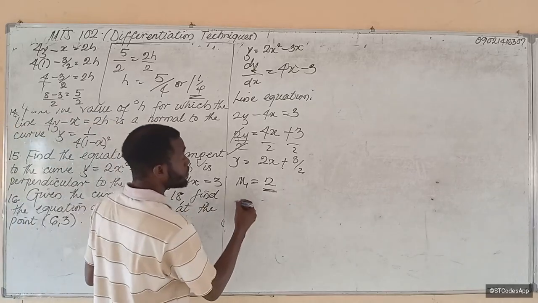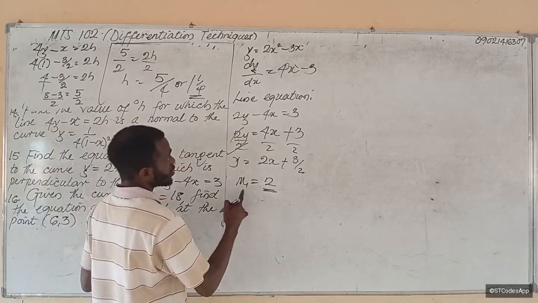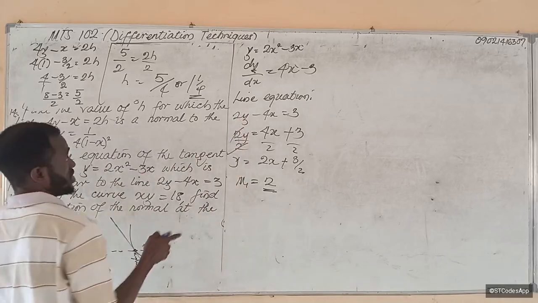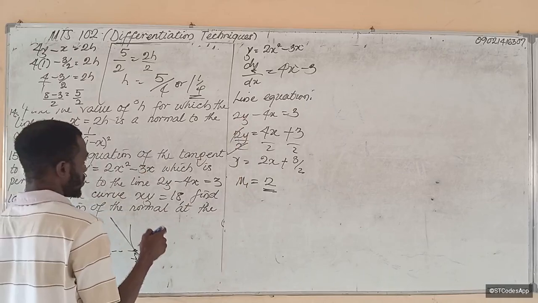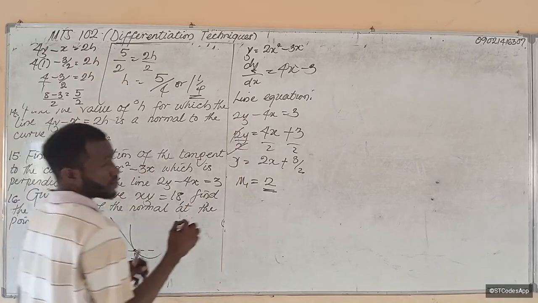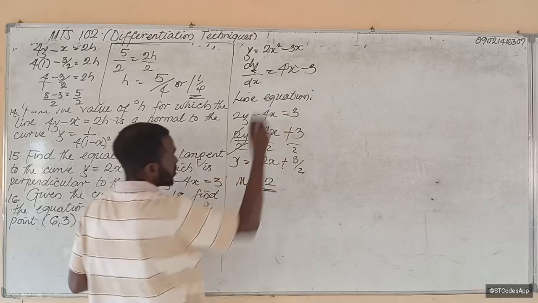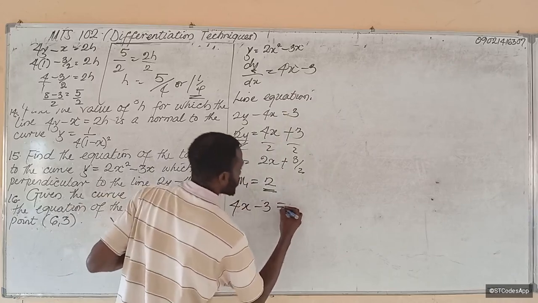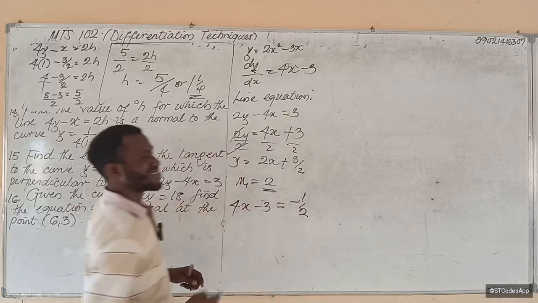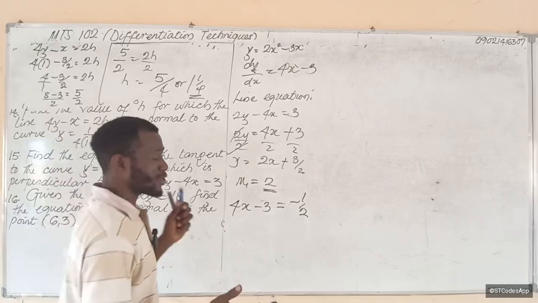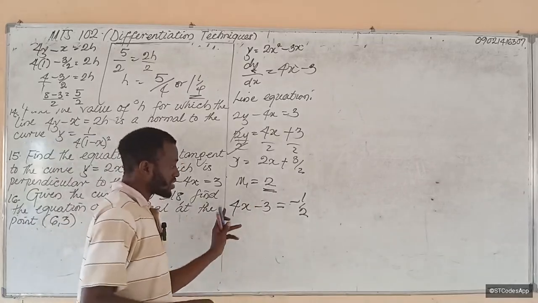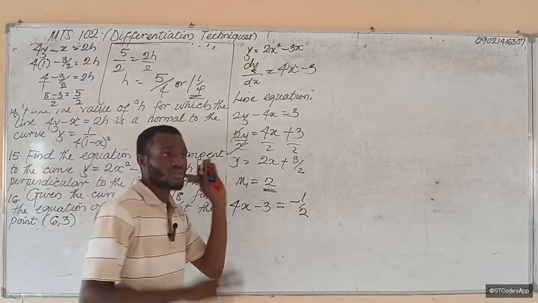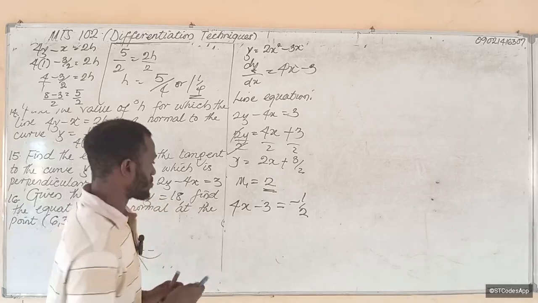So recall that the gradient of that, we should find the equation of the tangent, right? We found the slope of this tangent. So this slope, 4x minus 3, will be equal to the negative inverse of this. Does that make sense? Either way you write it, whether you say 2 is equal to negative inverse of this, or you say this is equal to negative inverse of 2, you are correct. Is that clear?